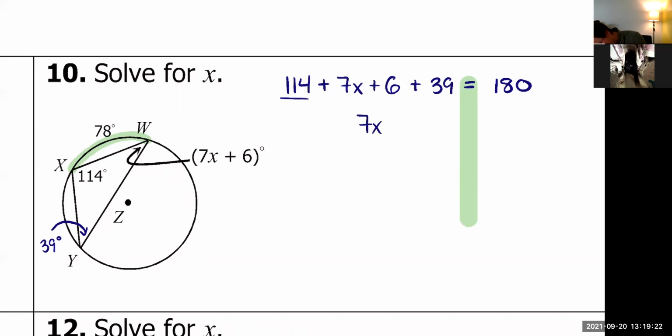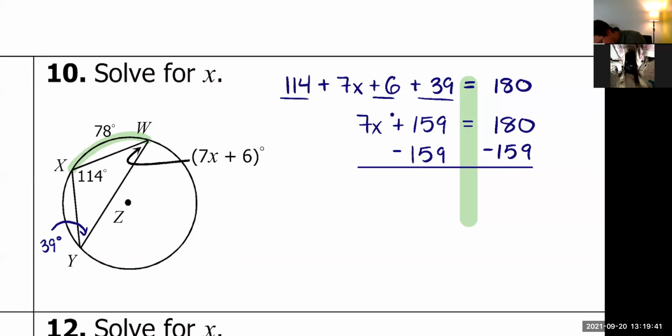I need to combine 114, 6, and 39. 159 sounds good to me. Equals 180. Subtract 159 from both sides. So we get 7x equals 21. So x must equal 3.